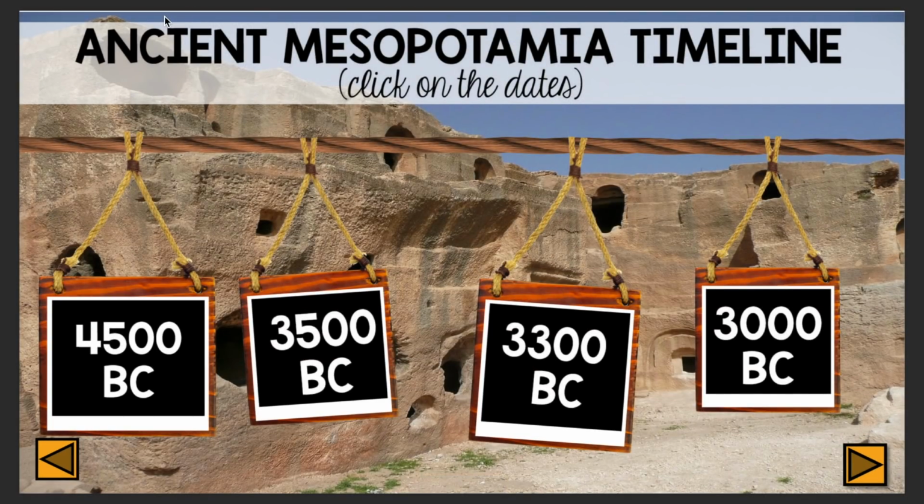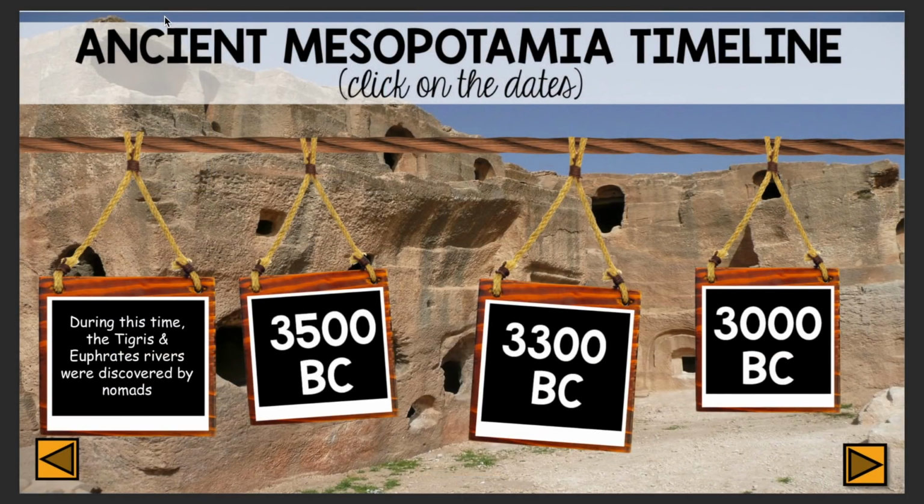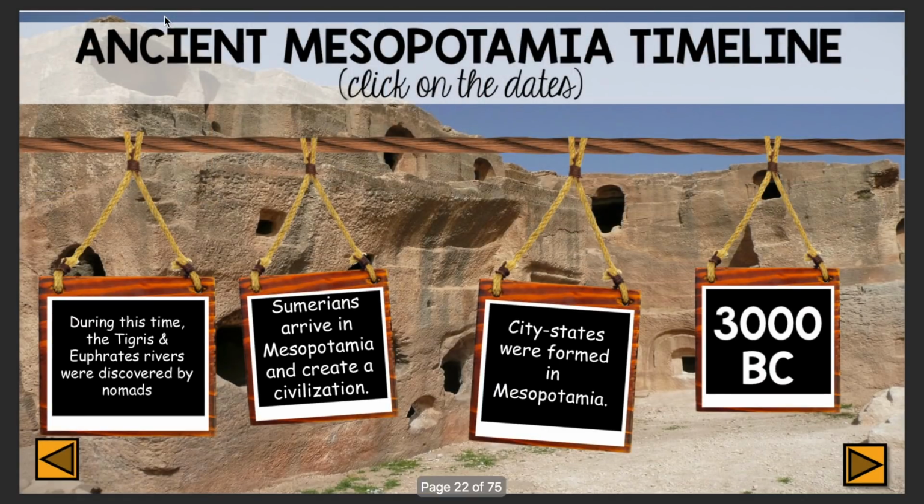We're also going to look very quickly at the timeline. So just so you know, BC and BCE are interchangeable. It's just more commonly before Common Era now, so that's where the E comes from. So in 4500 BCE, the Tigris and Euphrates were discovered by nomads. Go into 3500 BC, 3300 BC, and then 3000 BC.